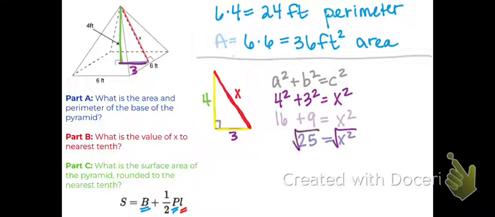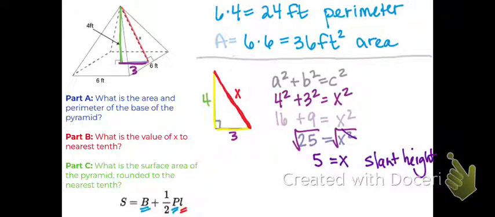We need to do that to both sides because square root and square are opposites, they're inverses, so they cancel each other out. So on the right side, we're just left with an x, and on the left side, the square root of 25 is 5. So x is 5. The slant height is 5. So that would be your answer to part B.